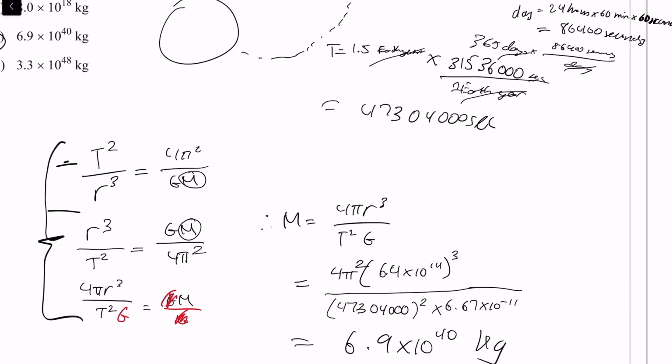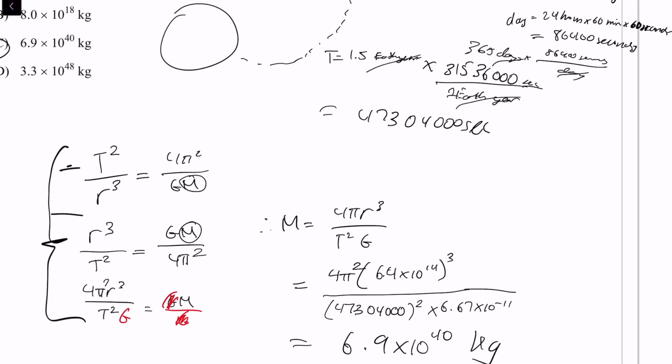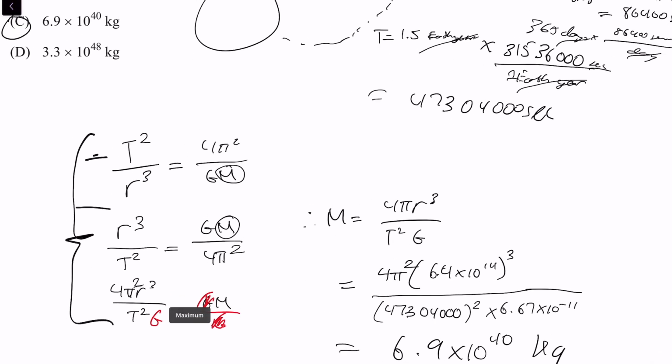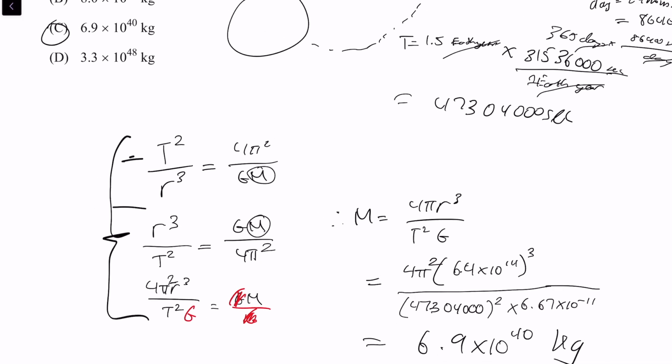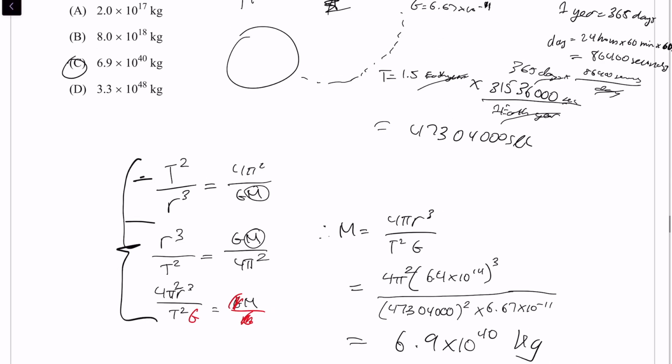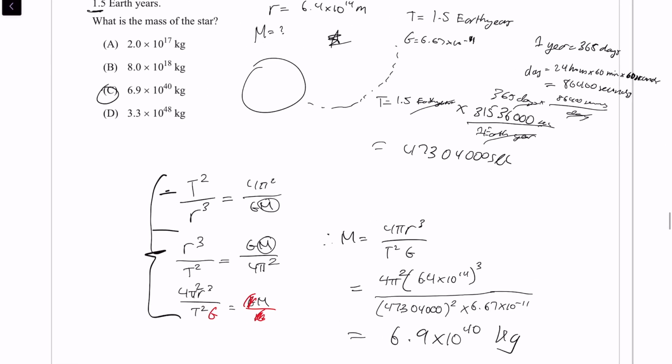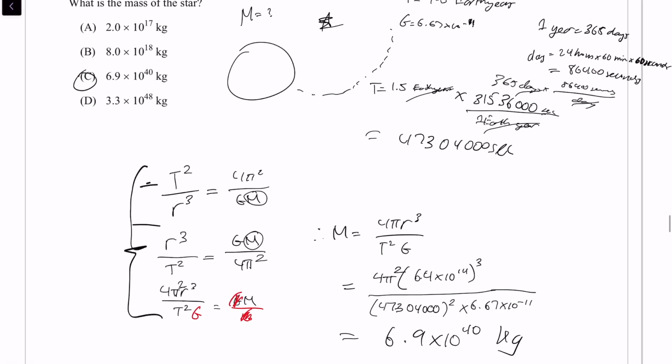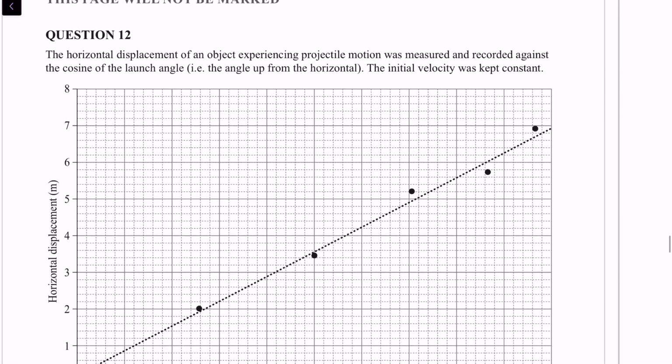It's also a bit tricky because you have a 4 pi squared and then an r cubed, so you thought that was just 4 pi r cubed, but no, it's 4 pi squared times r cubed. So that's probably a bit of explanation why it can be tricky as well.